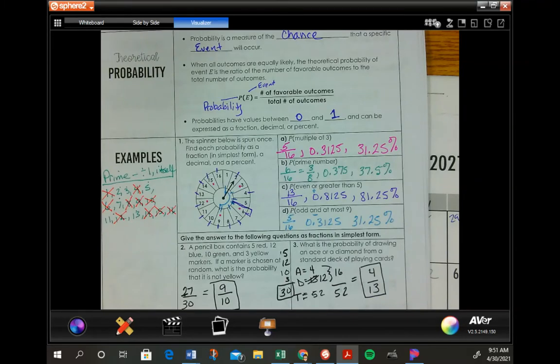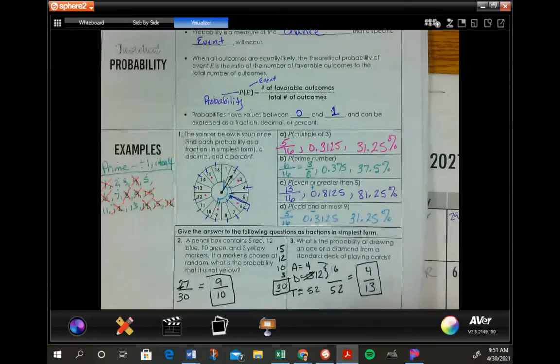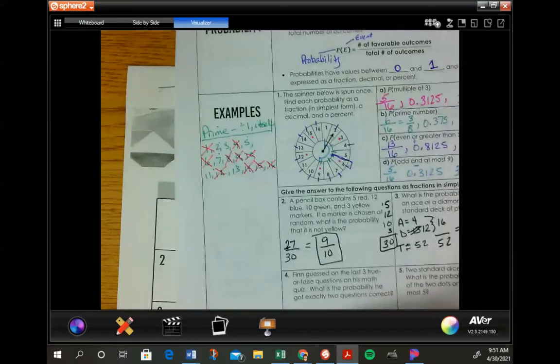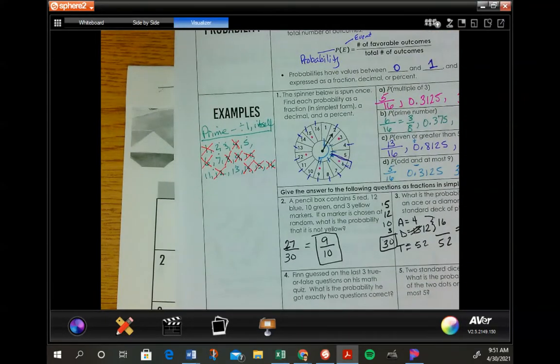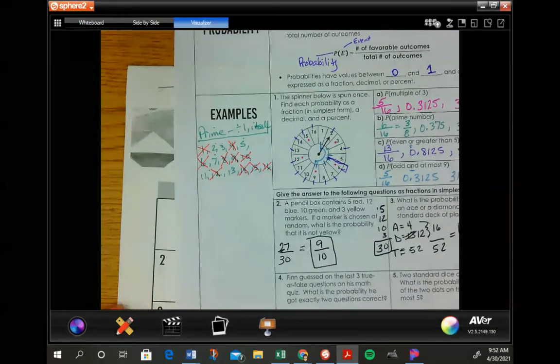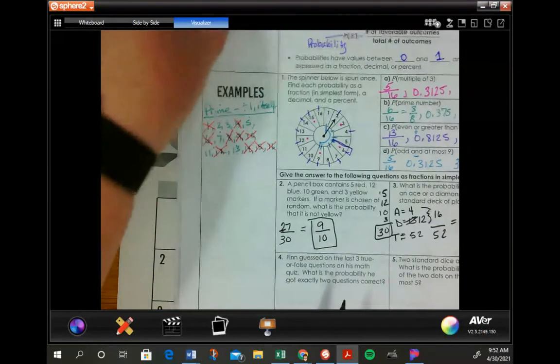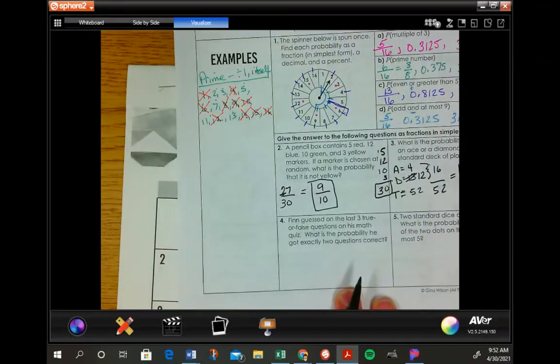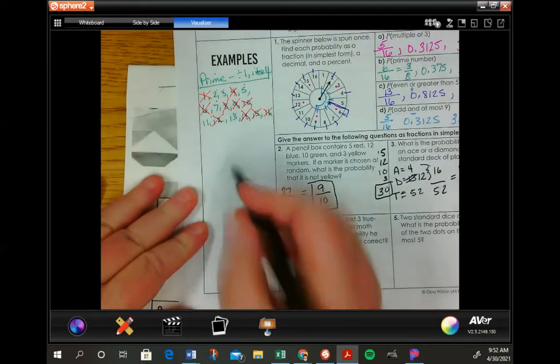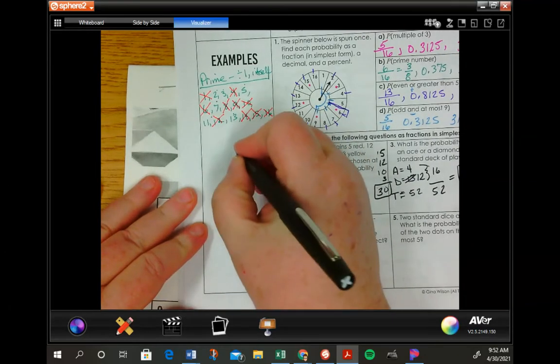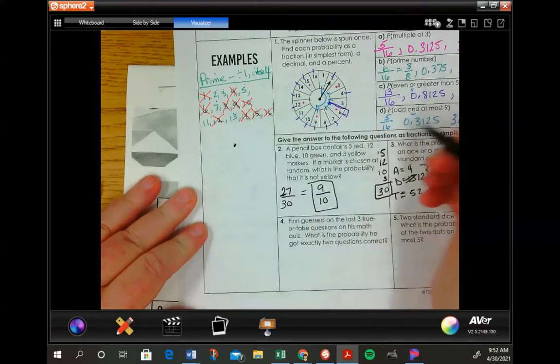All right, this next one, number 4. It uses a tree diagram. So number 4, Finn guessed on the last 3 true-false questions. So let's draw a tree. So here's Finn.